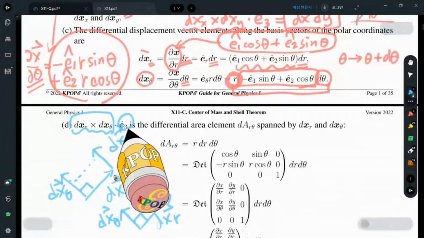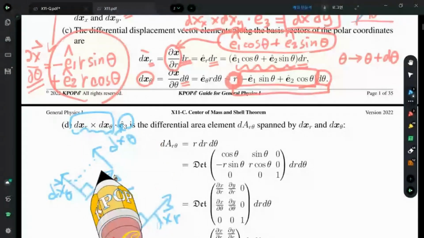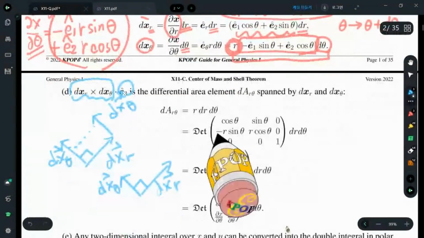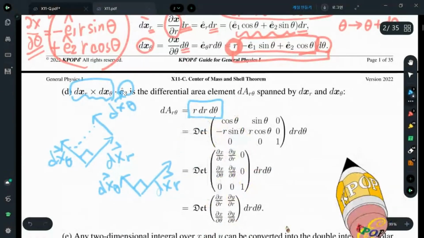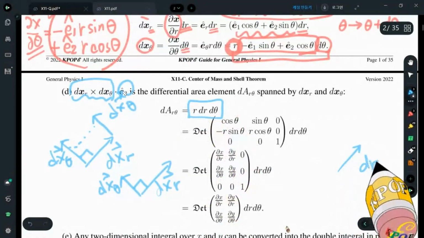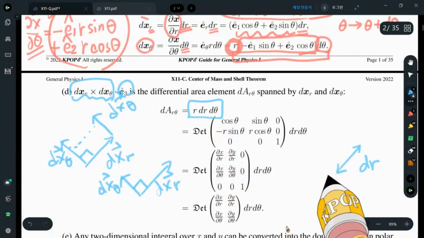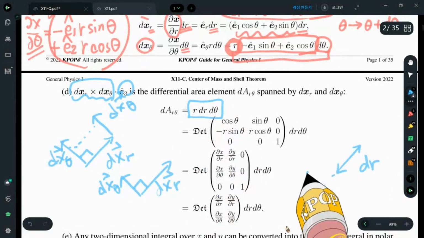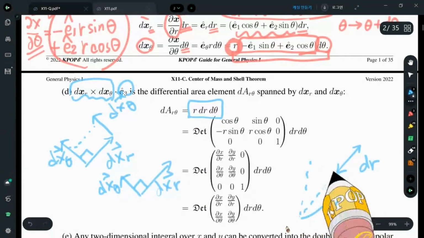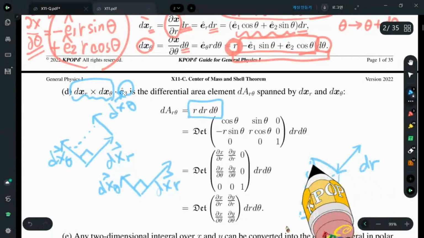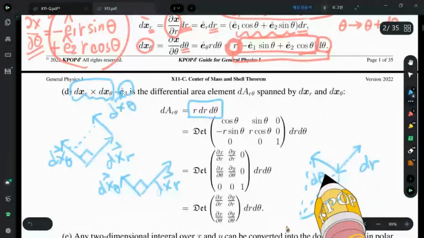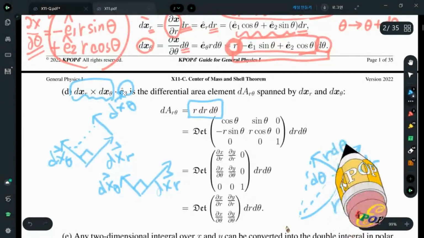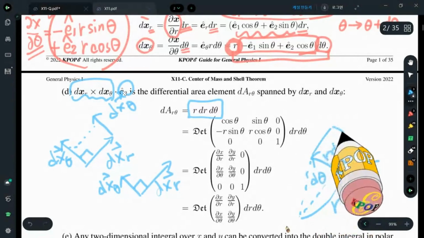So in a similar manner as we have done with Cartesian coordinates, after all the detailed calculation, what we find is simply this. This is dr, this length along the radial direction. We have r from dr, and in the tangent direction, we have r, and the angle is d theta, so the arc length is r d theta, and they make a right angle.